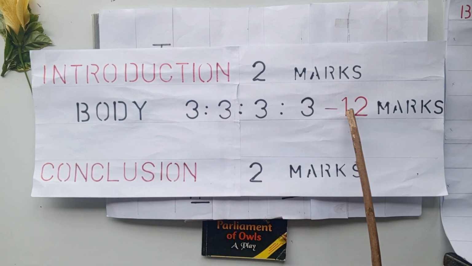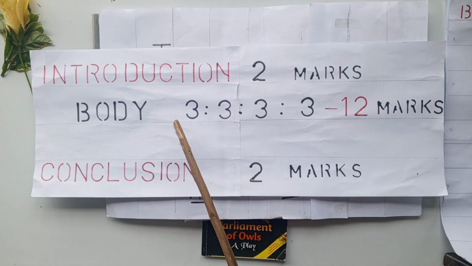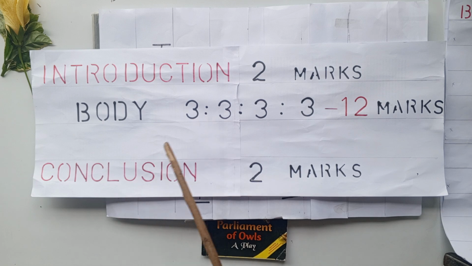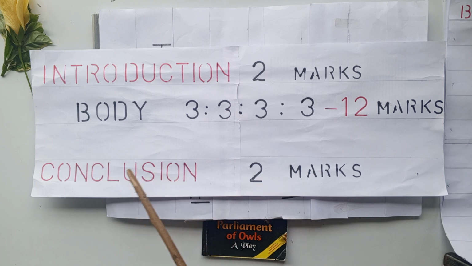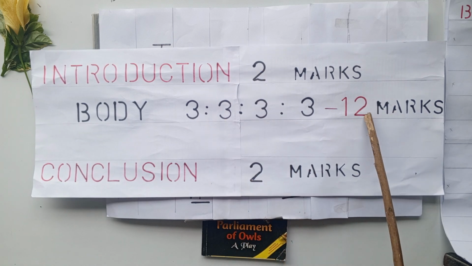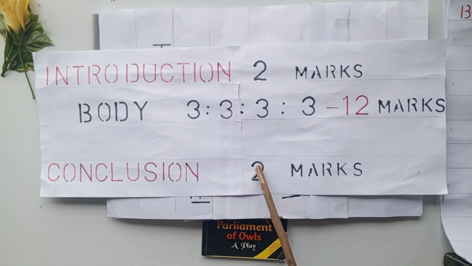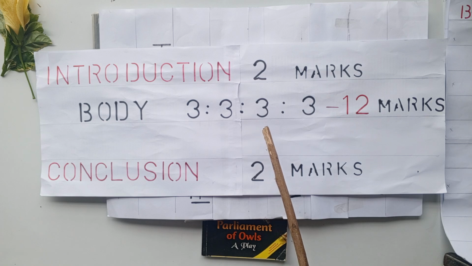In total, this will earn you 12 marks, all the 4 paragraphs. Then after the paragraphs, you must write the conclusion. The conclusion fetches you 2 marks. So in total, 2 plus 12, 14 plus 2, that is 16. You have 16 marks out of 20 because of the structure.